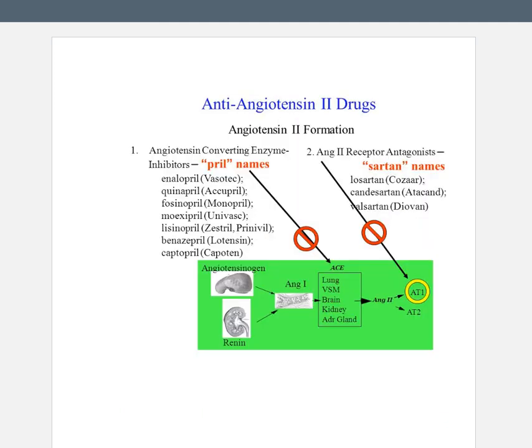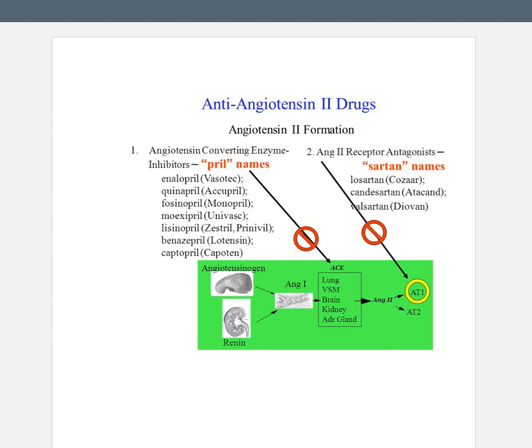The next group of medications to talk about are your angiotensin II receptor blockers. And as you can see from this PowerPoint slide, on the left is what I just got done talking about, the PRIL names. And these are various types of ACE inhibitors that may be ordered for your patient.